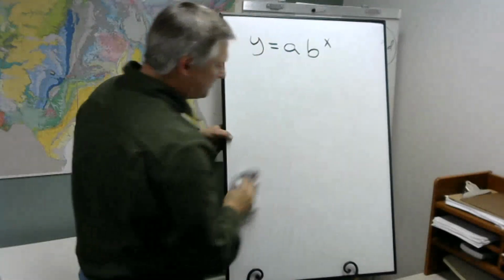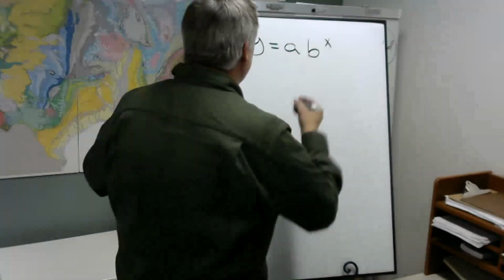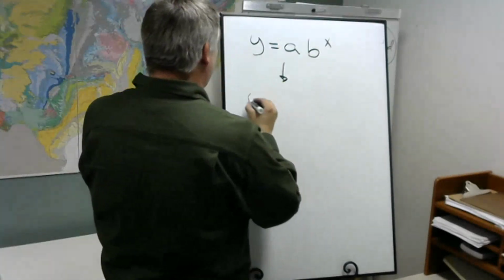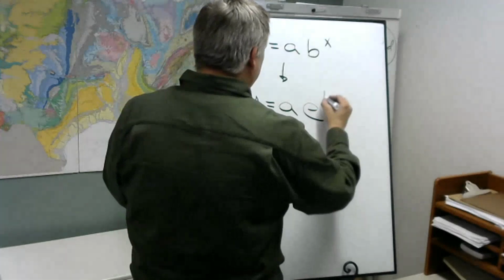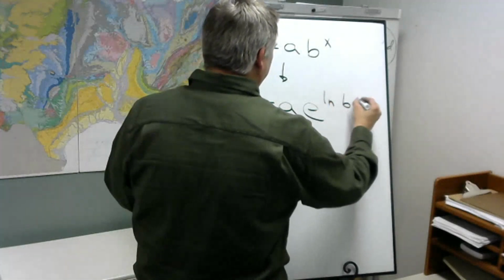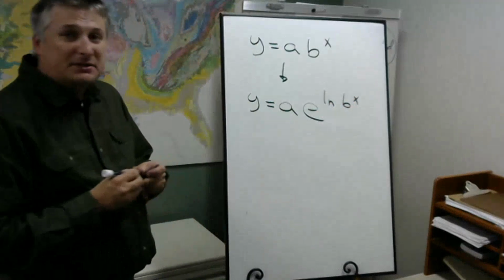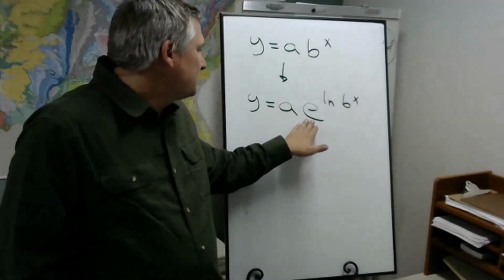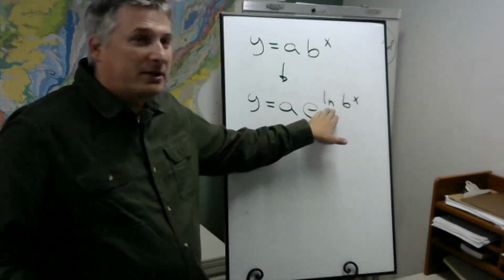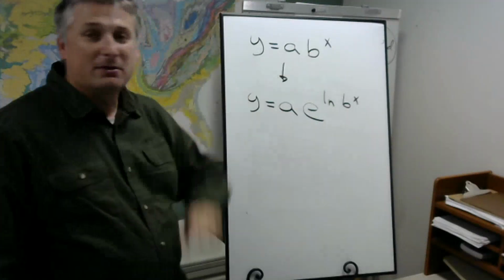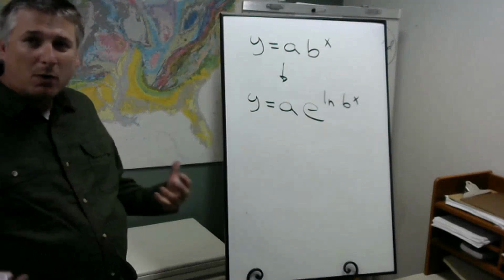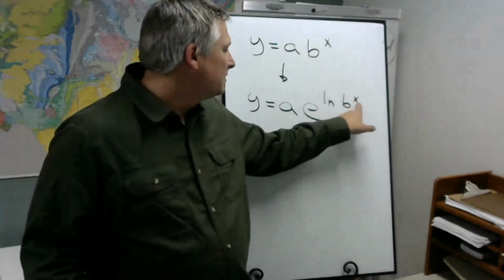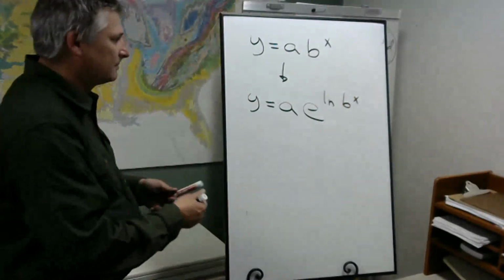So what we'll do is we'll now rewrite this as y equals a e to the natural log b to the x. And again, nothing's changed. Really, this will cancel, and that will give you a times b to the x. This will remain. But now what we're going to do is use our exponent rule.